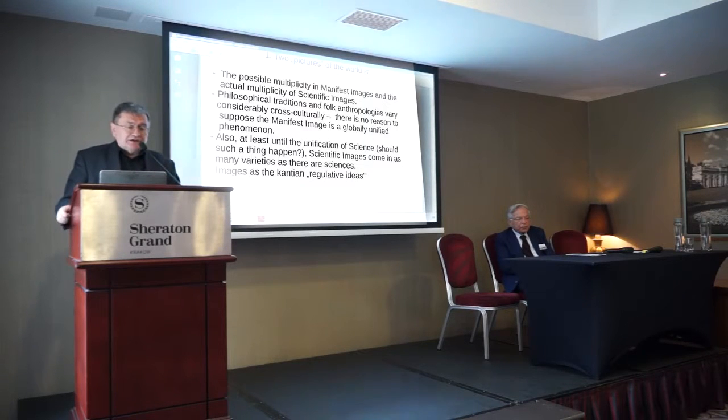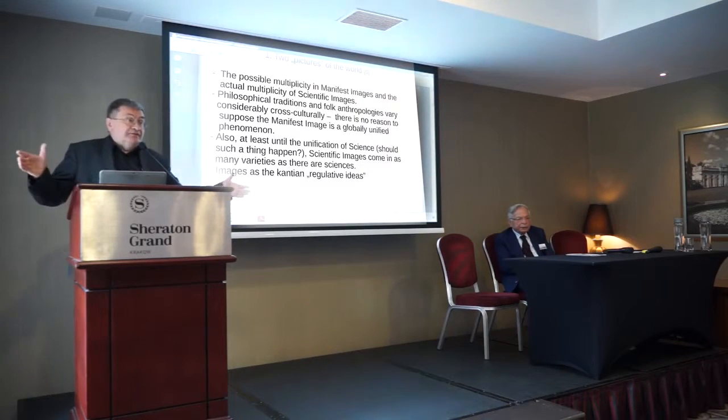Also, at least until the unification of science, if there will be something like a unified science, we are looking for such a science, one science for every kind of explanation. The scientific image comes in as many varieties as the sciences. The question is, what are the images? The images are something similar to the Kantian regulative ideas, like God, like world. They are metaphors. We should see this as a metaphor. It is not really a very good definition, but we should begin at one point.